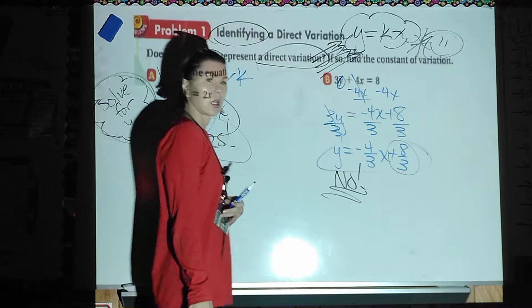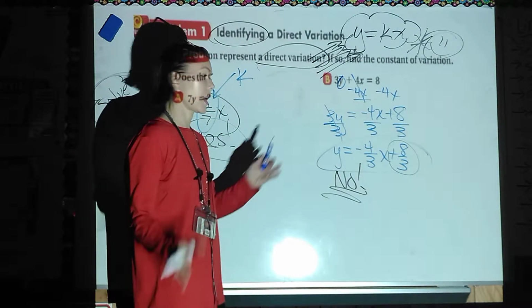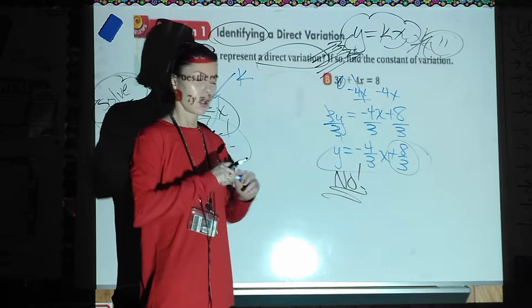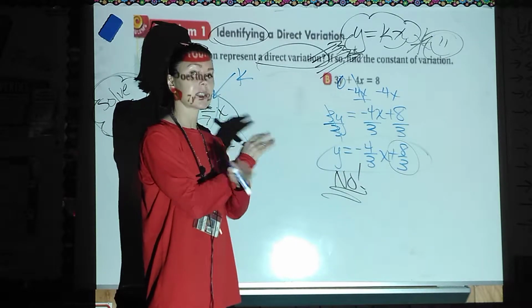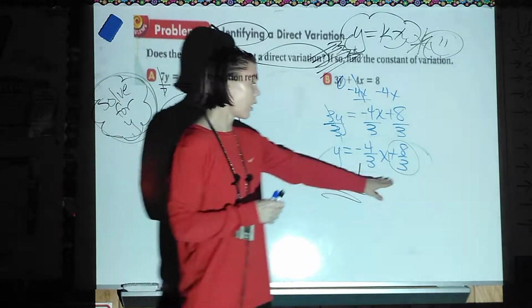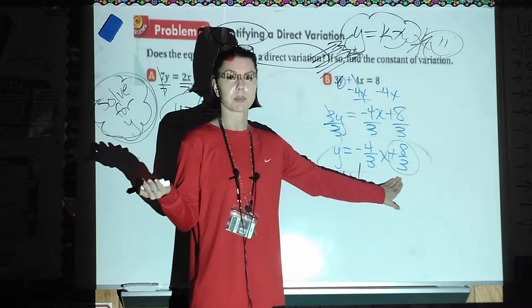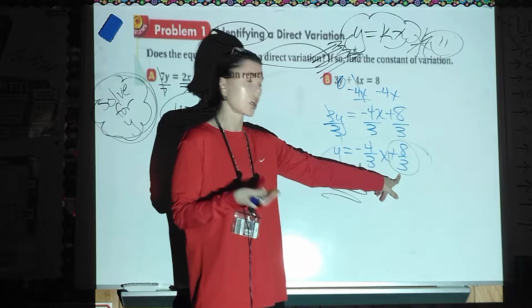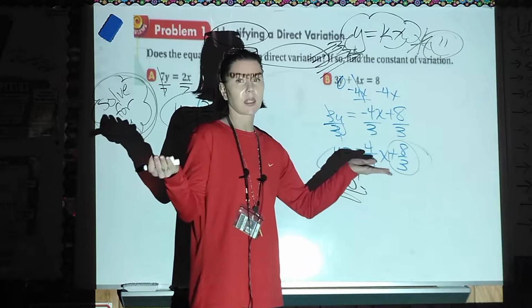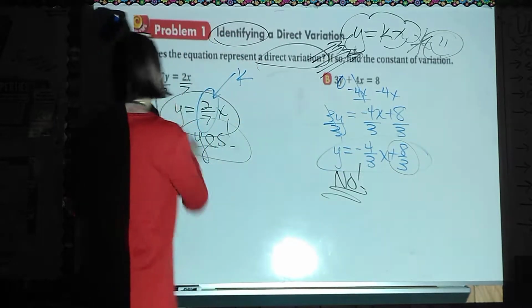The 8/3. A direct variation crosses over the y-axis at 0, 0. We don't have a y-intercept with direct variations, and the fact that we had a constant term here was a dead giveaway. So moving on.